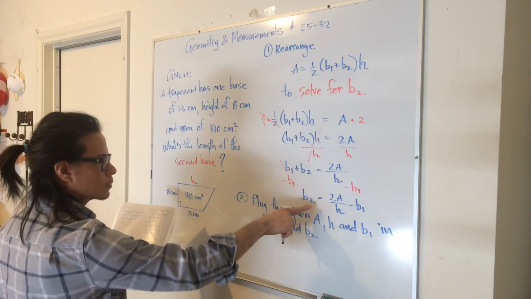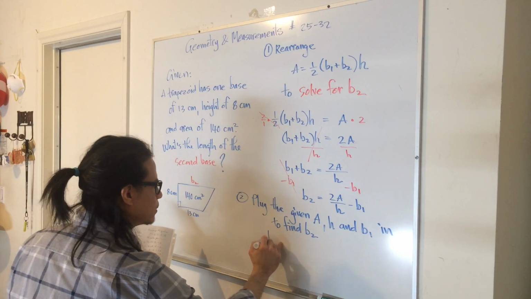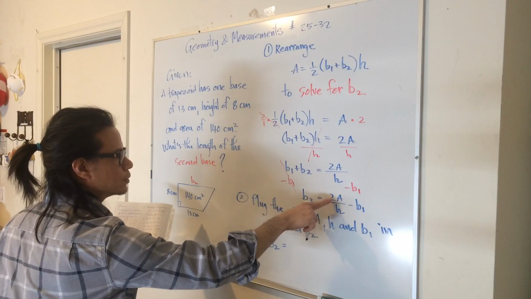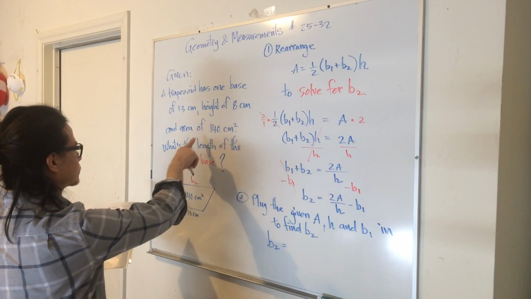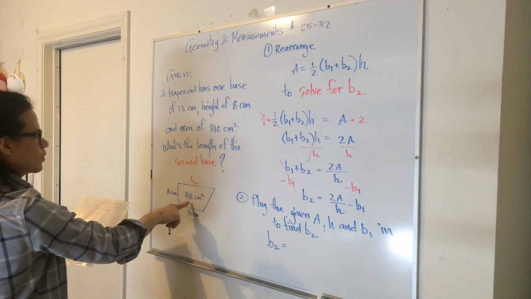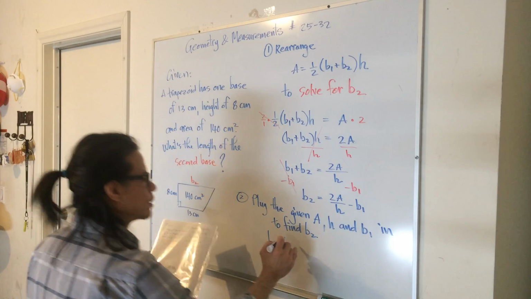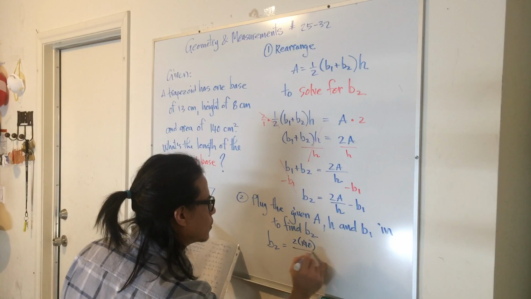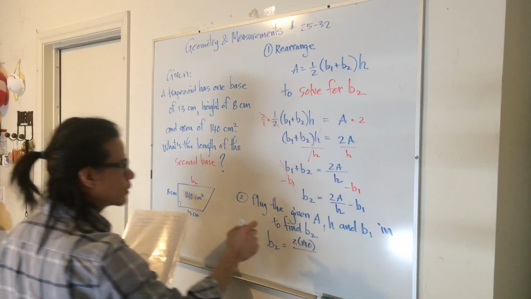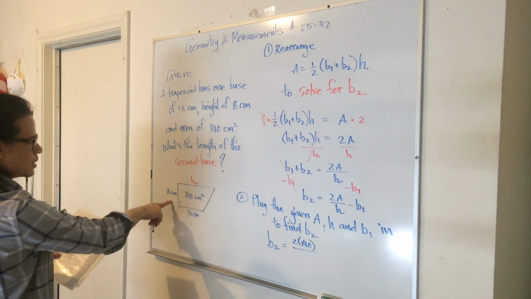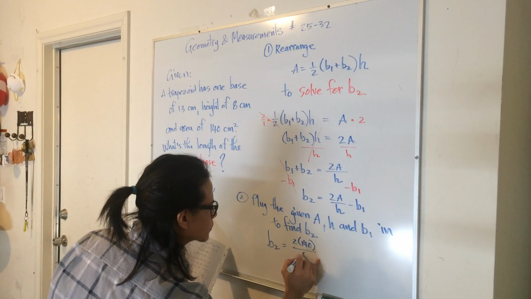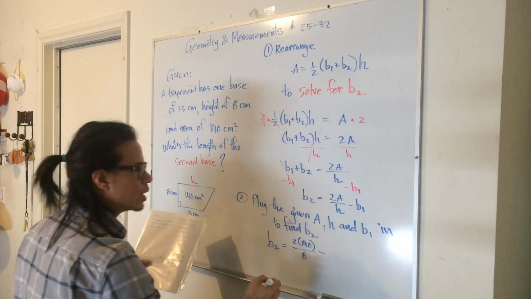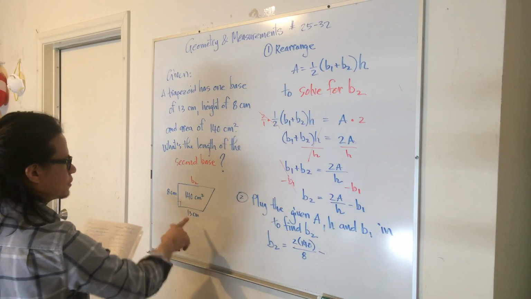So we're going to end up with B2 is equal to 2 times the area. Area is 140 centimeters squared. So 2 times 140 over h. The height is 8 centimeters, minus B1 is 13.